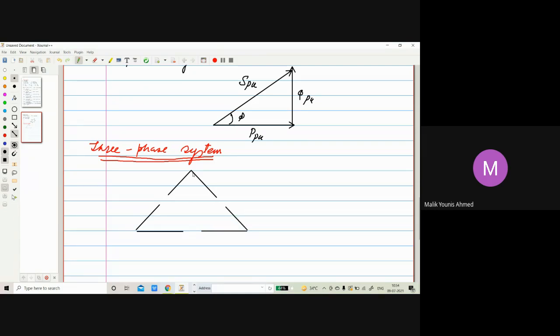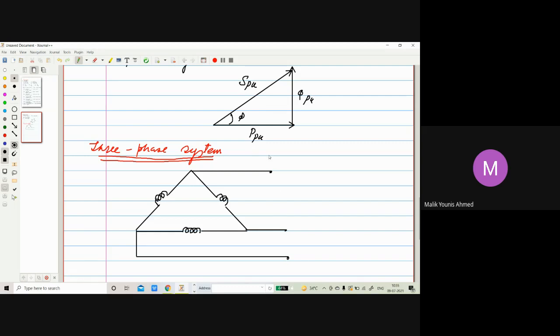Okay, this is for delta. Here we have the line current.